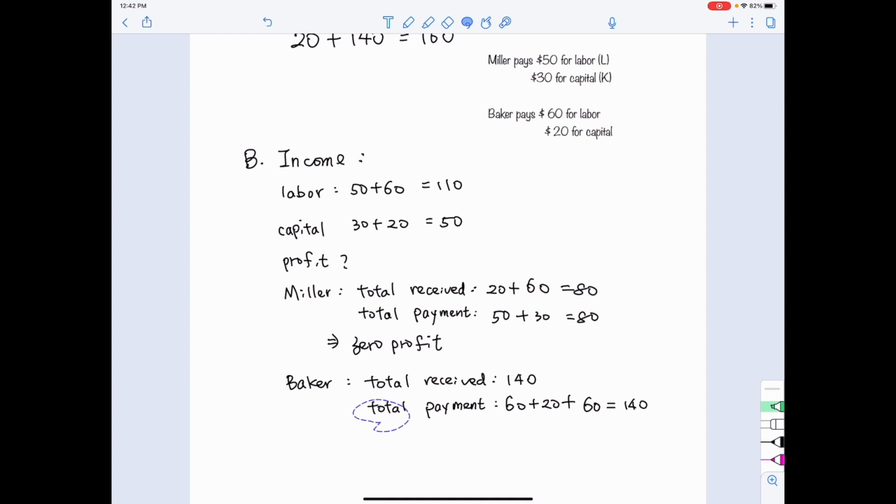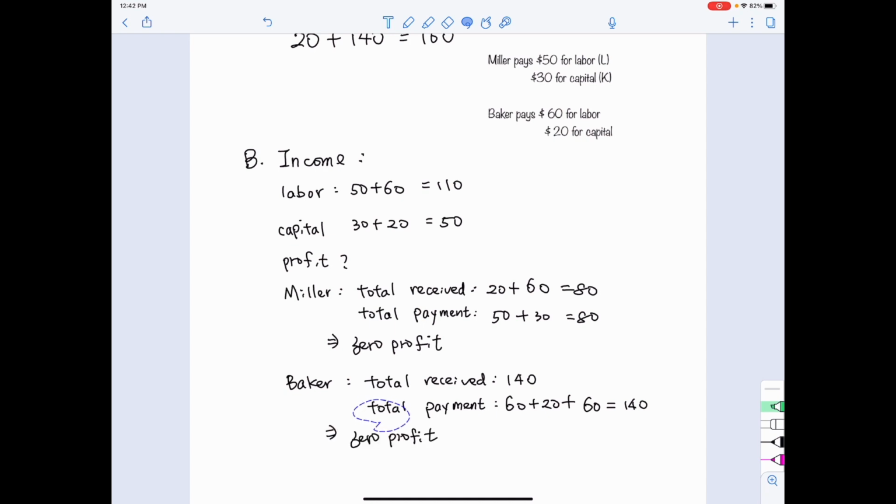Therefore, it needs to be part of the total payment the baker made. Therefore, in here, the total payment the baker made is 60 plus 20 plus 60, which is the payment for labor, for capital, and then also for the flour. And then it adds up to be 140. So under this case, the baker also has zero profit.